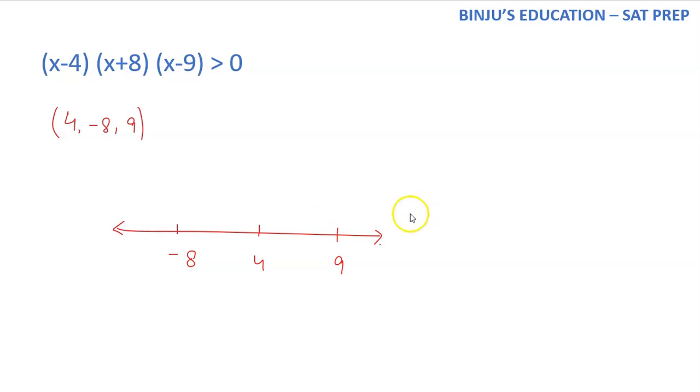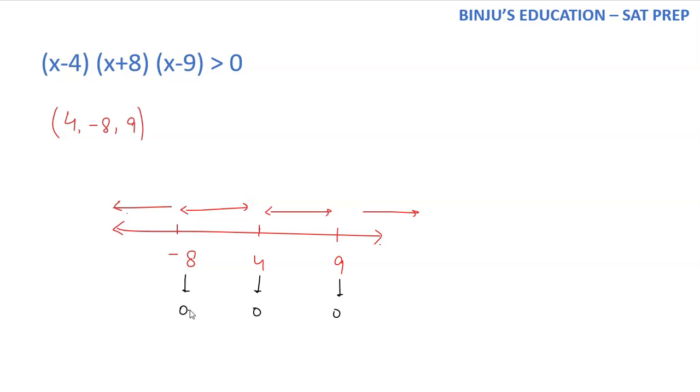Alright, so these 3 points are going to divide your entire number line into 4 parts: greater than 9, between 4 and 9, between minus 8 and 4, and less than minus 8. Okay, so at 9, 4 and minus 8, my result is 0, because these are the critical points, right?